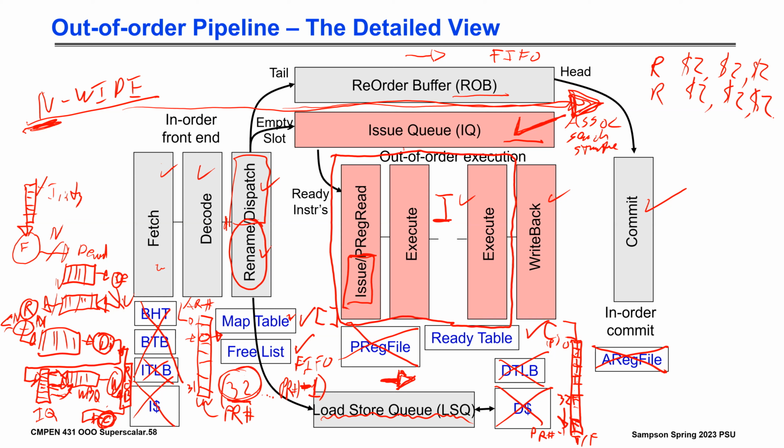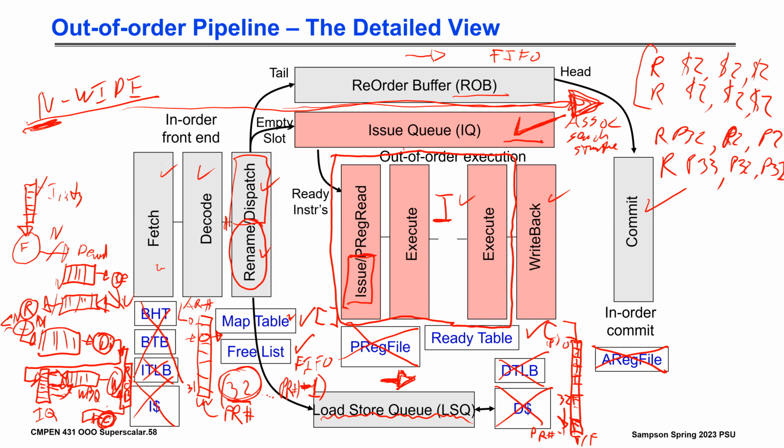After these get renamed, let's say this is your entire program, this would be R type 32, 2, physical 2, and then R physical 33, physical 32, physical 32.